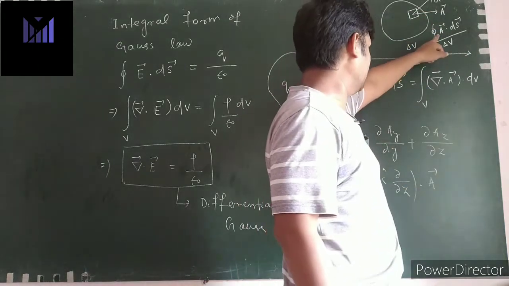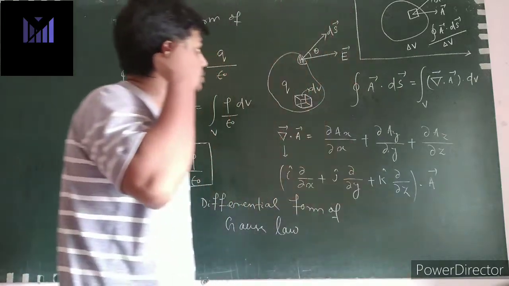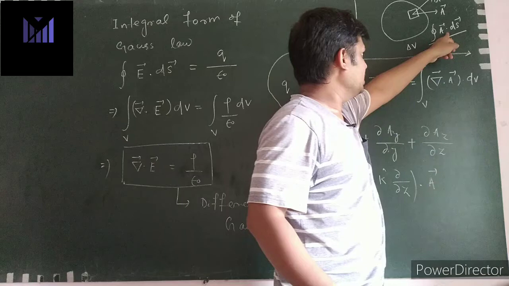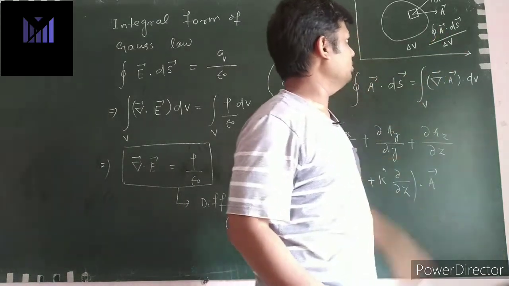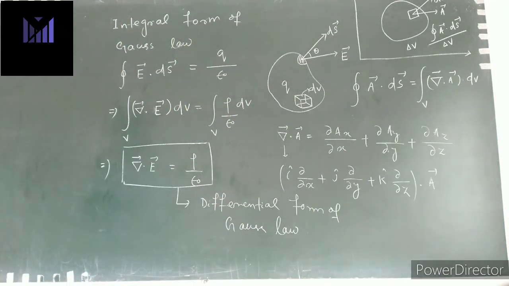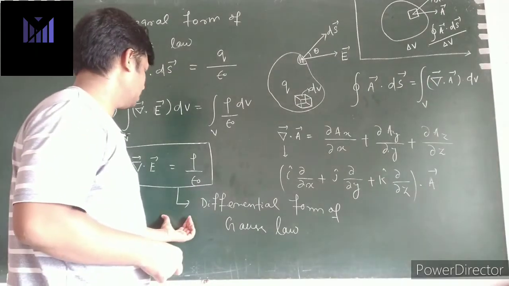If you calculate this quantity A dot ds, this will give the total flux associated with that closed surface, and if we divide this expression by delta V, this will give the divergence of A at that point. So this is all about the differential form of Gauss law.